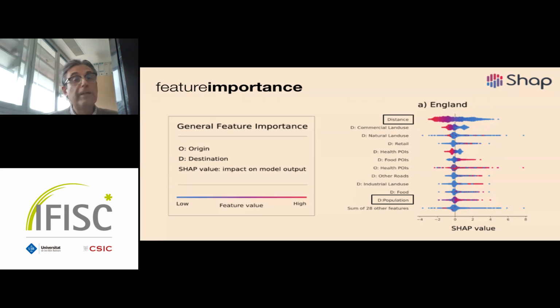When you try to export this model from one place to the other, one would expect that something which is needed for the model to be exportable is that the issues that play the major role in the model are the same.